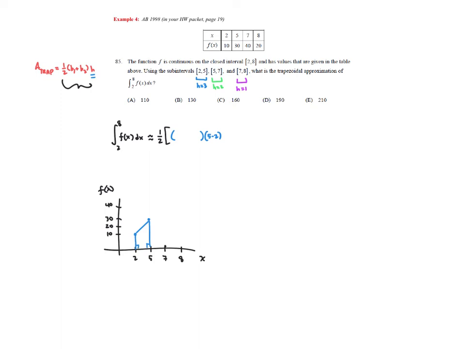Perfect. Then let's go from 5 to 7. So 5 right here, up to 7, which is at 40. Boom, there we go. And then from 7 to 8, and that goes down to 20 at 8.